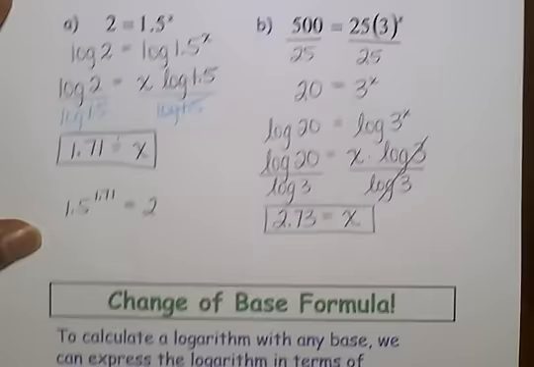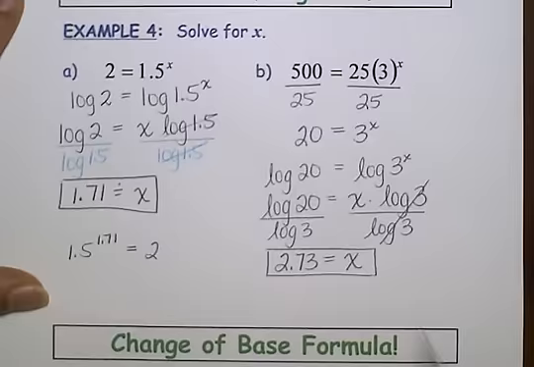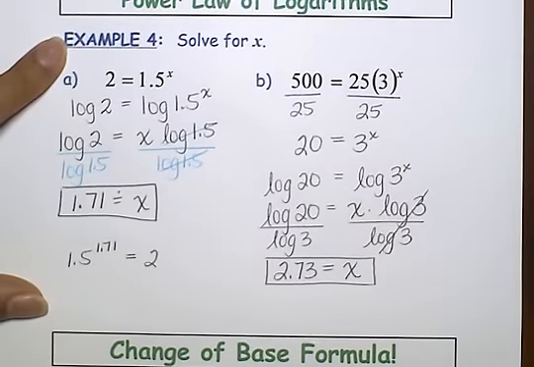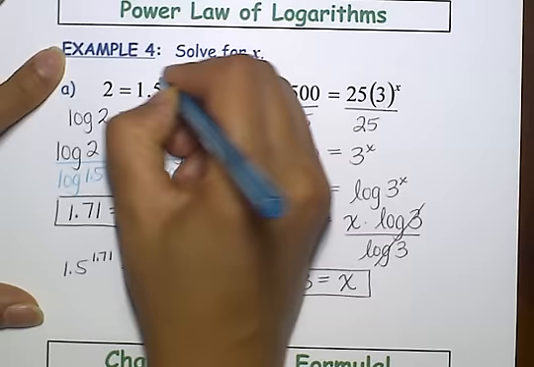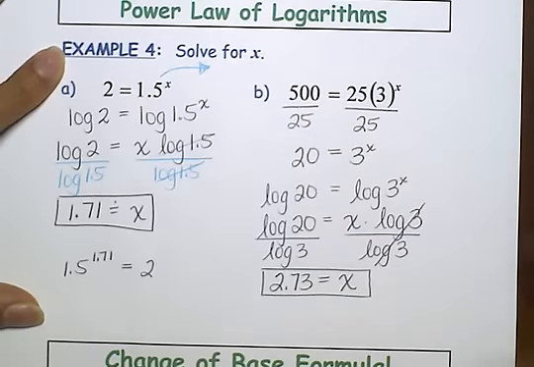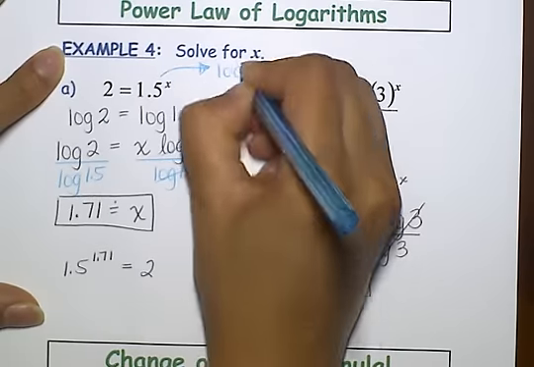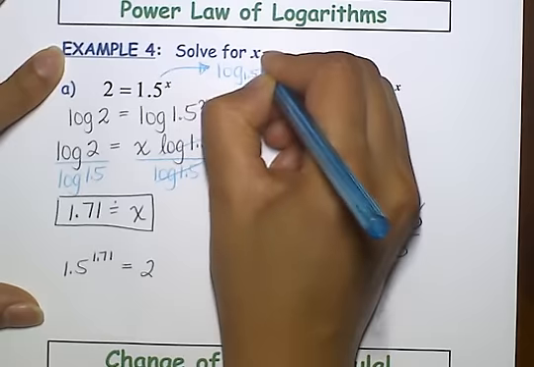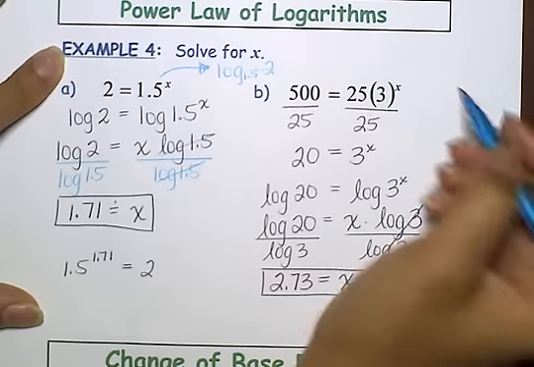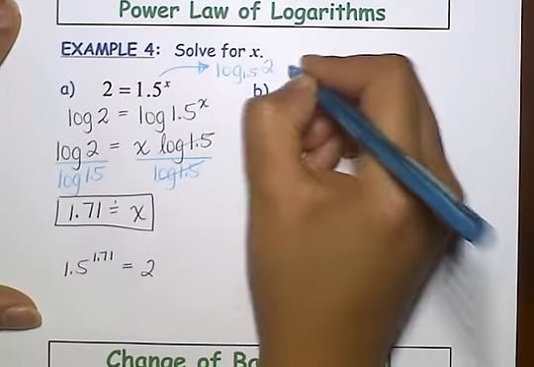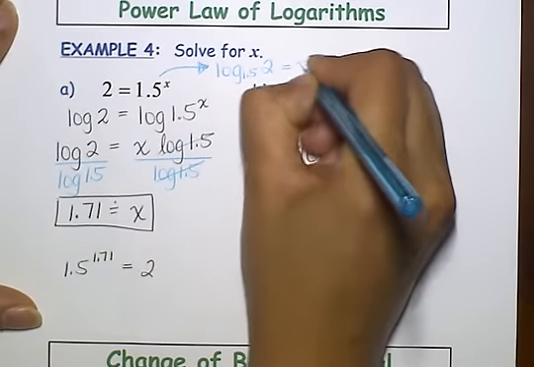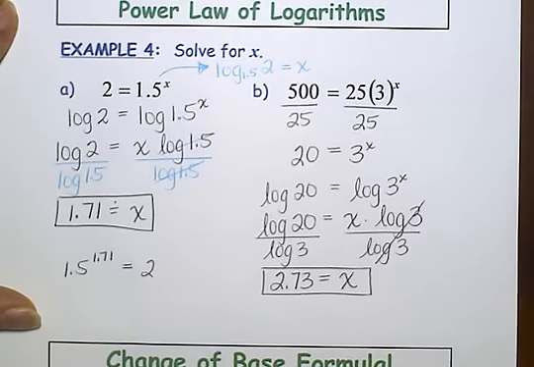We could have said, well, because I have 2 equals 1.5 to the exponent x, I could have also written this as log base 1.5 of 2 is equal to x. So I could have also looked at the question like this, okay?